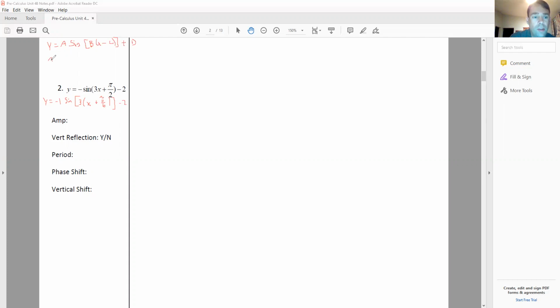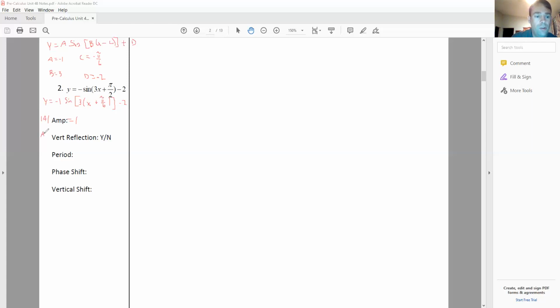So a then is going to be -1. B is 3. C is not negative pi over 2. C is going to be a negative pi over 6. And D is -2. So absolute value of A, my amplitude, is 1.